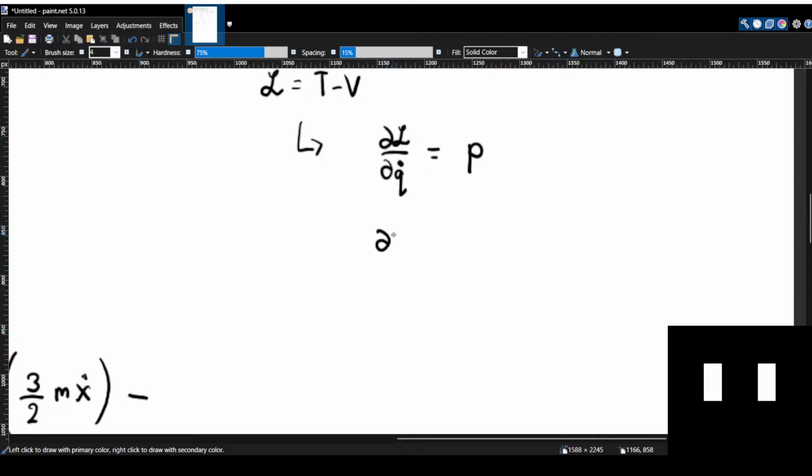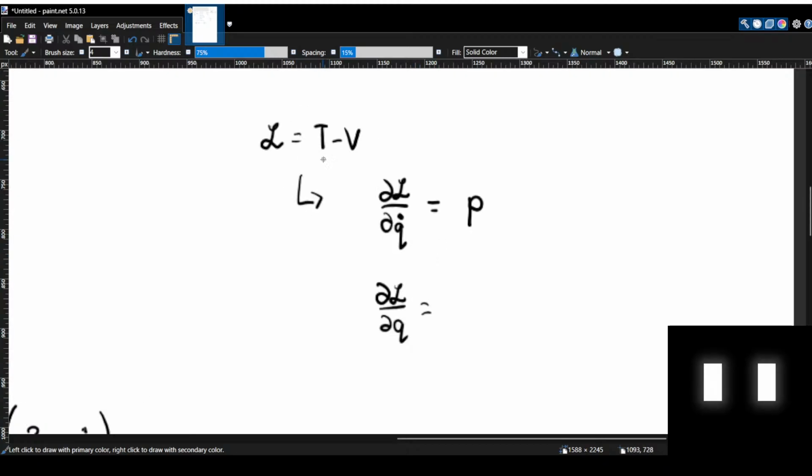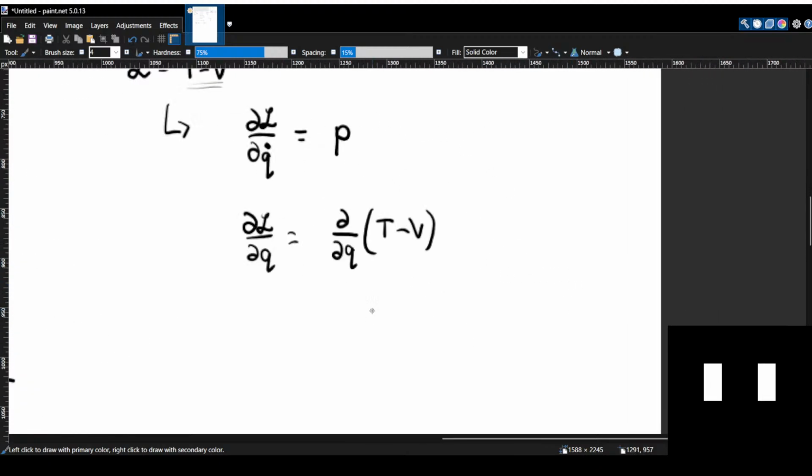And then we also have the derivative of L with respect to Q like this. If we take this form and take the derivative, we're going to have the derivative of T minus V, which in this case, the kinetic energy is not going to depend directly on Q, the position, or the configuration of the object.